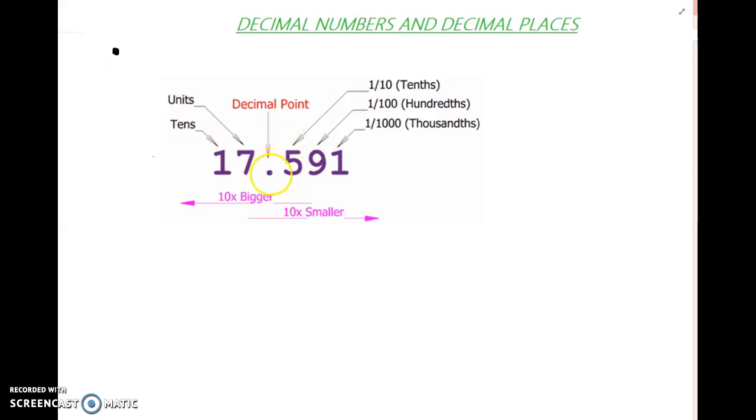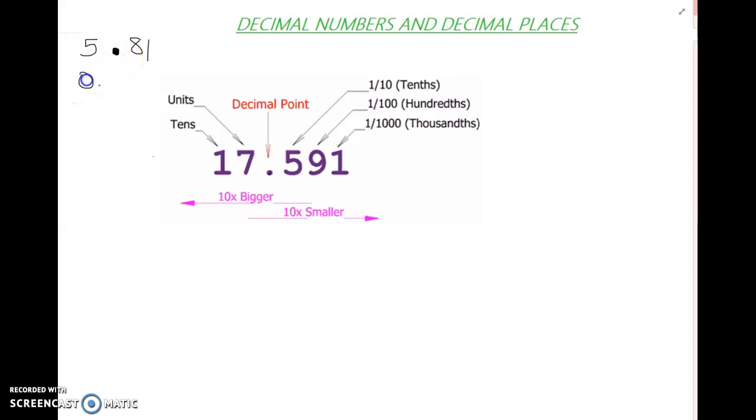So after your decimal point, on the right hand side, you have to call out each number separately. So 17.591. If I had, let's say, this number here, this is 5.81, not five point eighty-one. Just keep that in mind. 5.81.